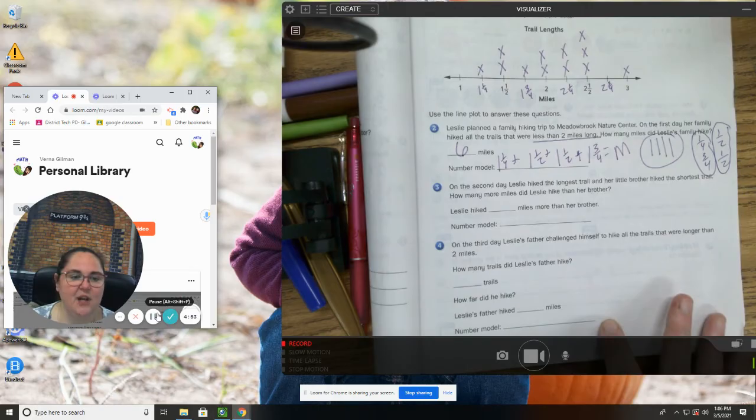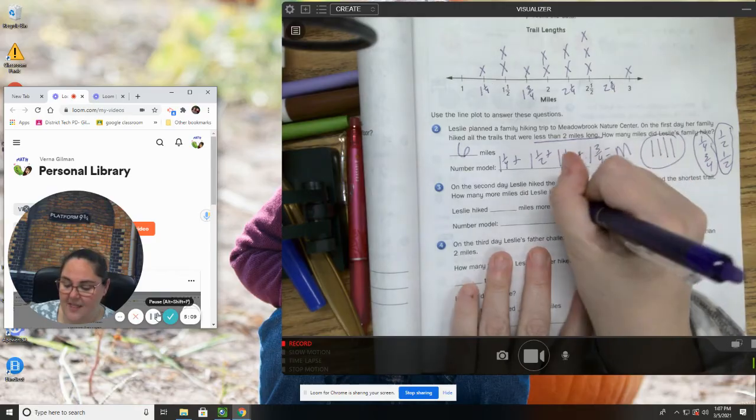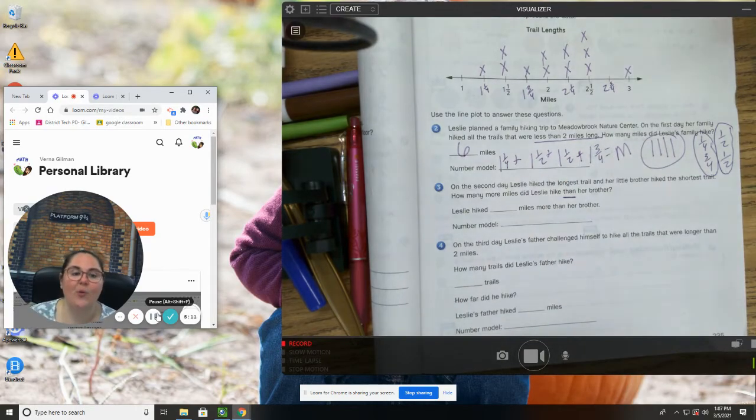Number 3, it says on the second day, Leslie hiked the longest trail and her brother hiked the shortest trail. How many more miles did Leslie hike than her brother? So that "than" means I'm going to do what? Well, I need to find the difference.